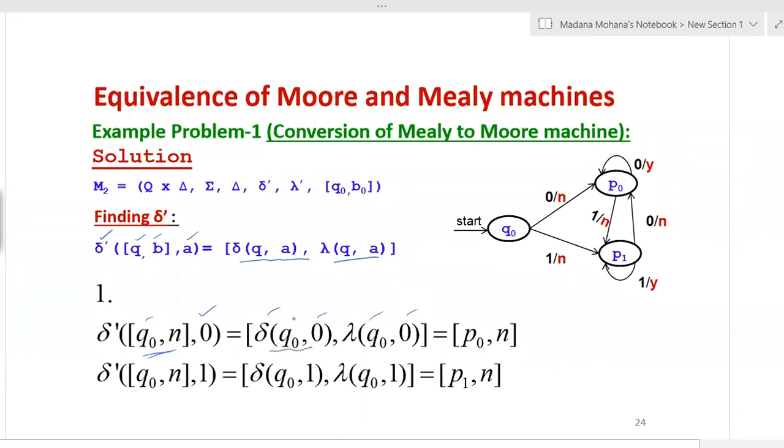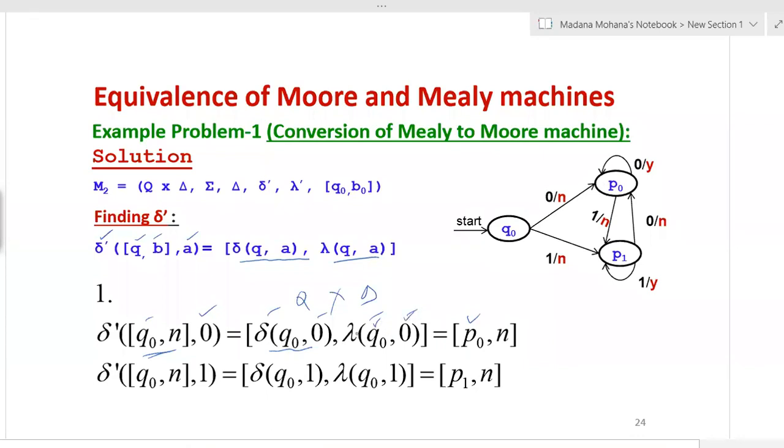First delta of q0 on 0 gives the state, and lambda gives the output alphabet. So q0 on 0 is going to p0. Therefore here you will get p0 comma the output of state q0 on input 0.